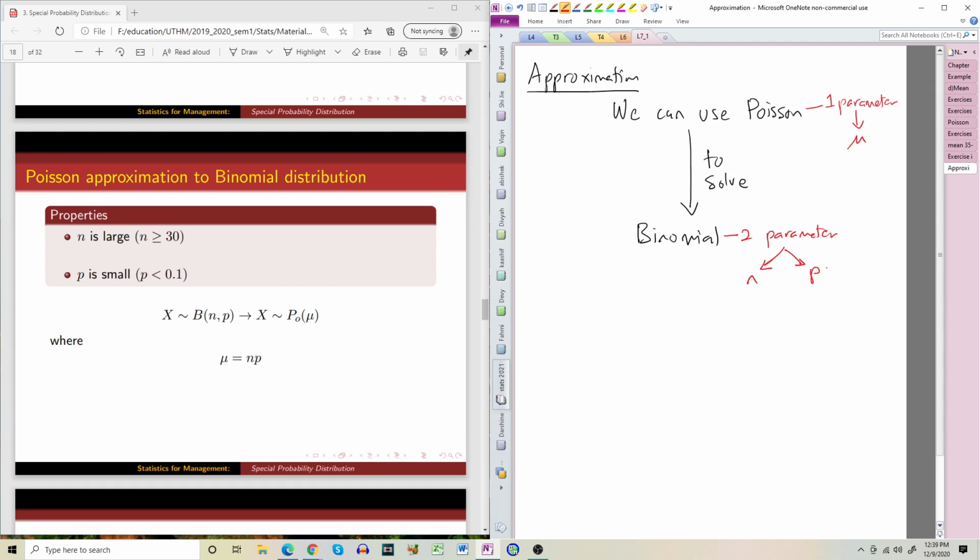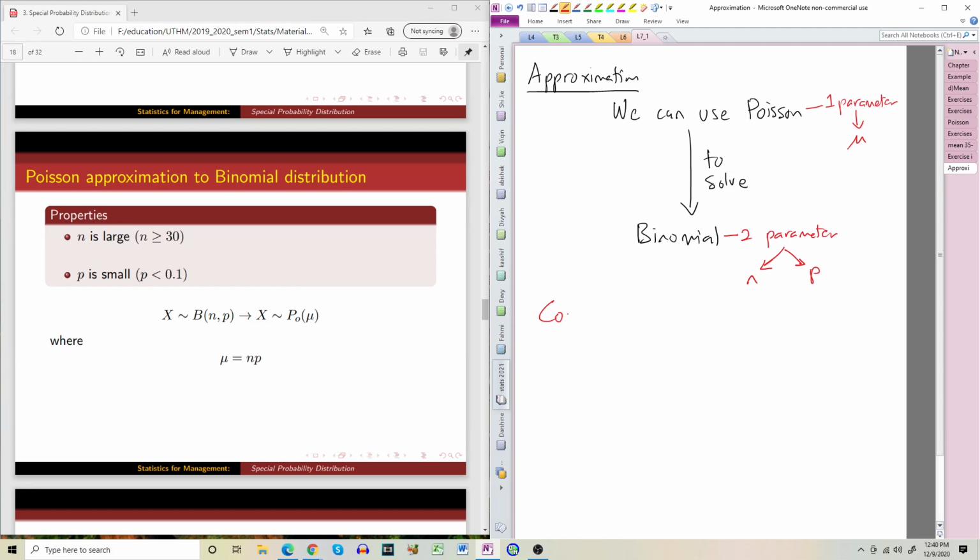So Poisson is much easier to solve than binomial. Therefore, we can also use the Poisson formula to solve binomial, but there are some conditions.